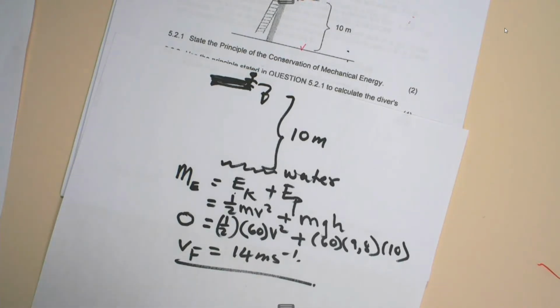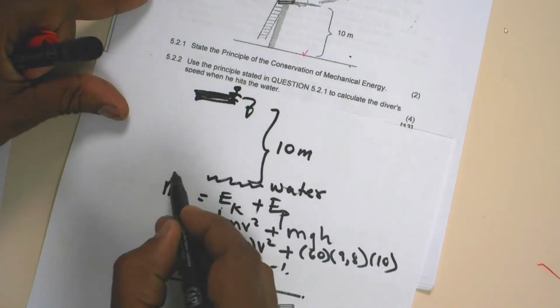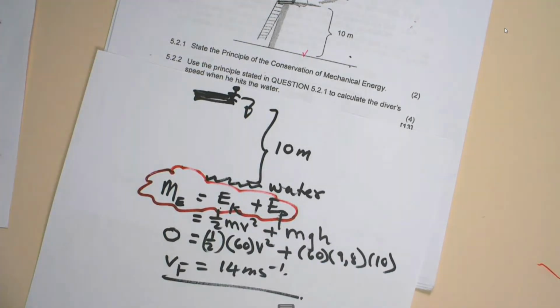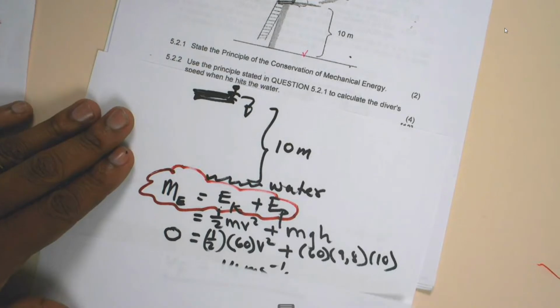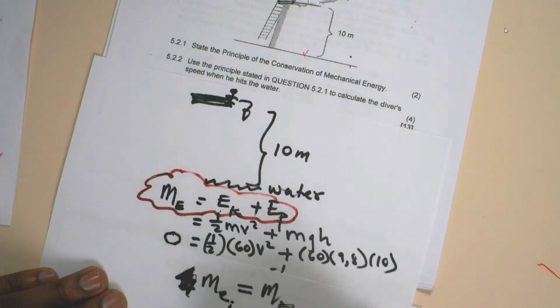What is wrong with this is you did not apply the principle itself. This is not the conservation of mechanical energy. That is the thing. The conservation of mechanical energy should be followed by the sum. Hence we say the total, the sum of mechanical energy before is equal to, or we can easily say mechanical energy initial is equal to mechanical energy after.